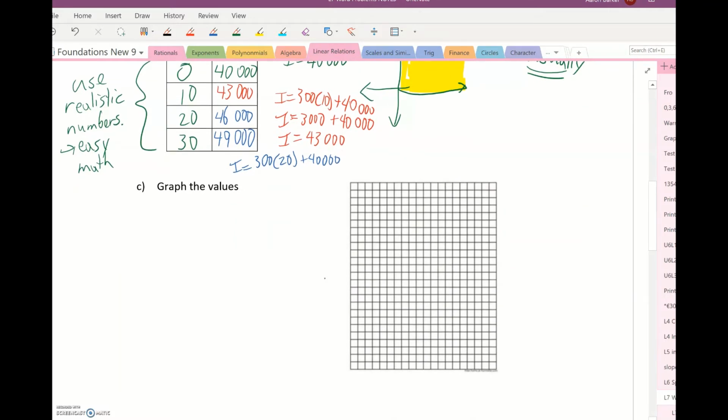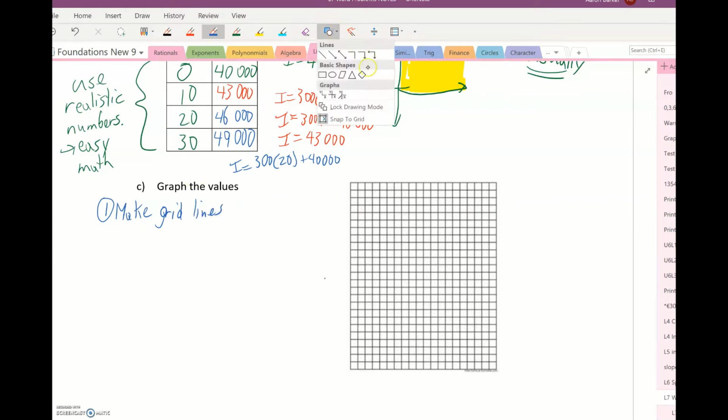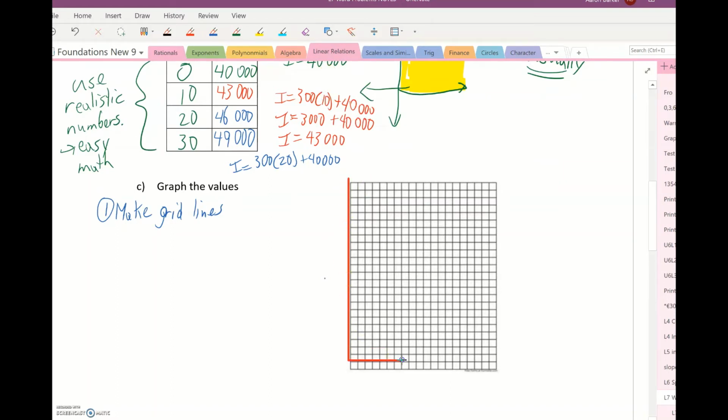The first thing you have to do when you're graphing, number 1, is make grid lines. Okay, so you got to make some grid lines using your ruler. Luckily for me, I got a little helper here, okay? All right, so there you have grid lines.